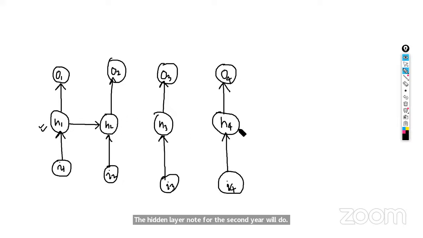So for the next hidden layer nodes, there will be two inputs. One input is coming from the input layer. Another input is coming from the previous hidden layer output. So there will be two inputs for each and every hidden layer node, except the first layer node, since before the first layer we don't have any input, right?